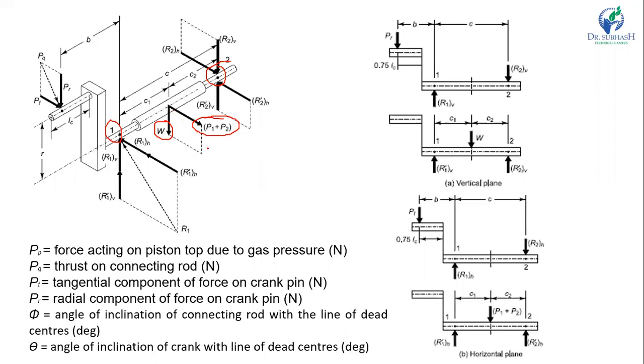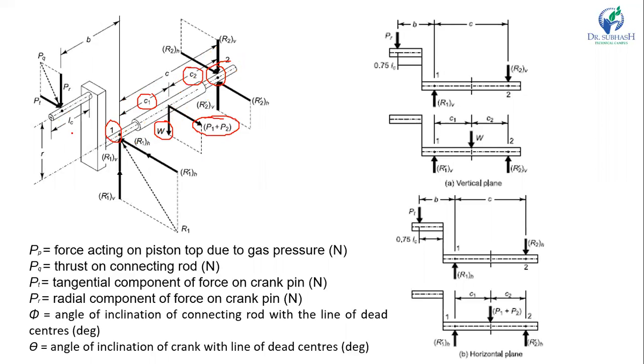Here you can see the distance between the two bearings is C, and the distance between bearing 1 and this load W is C1, and the distance between bearing 2 and load W is C2.